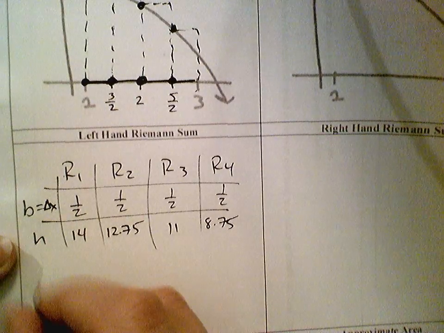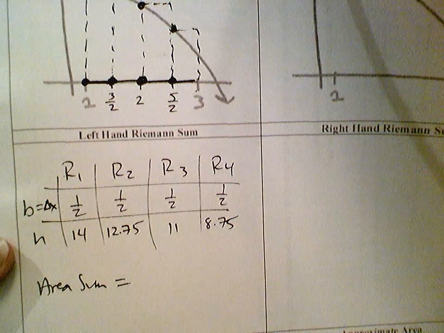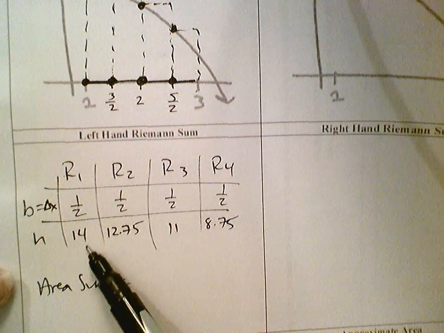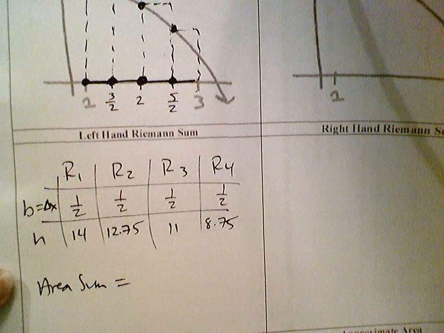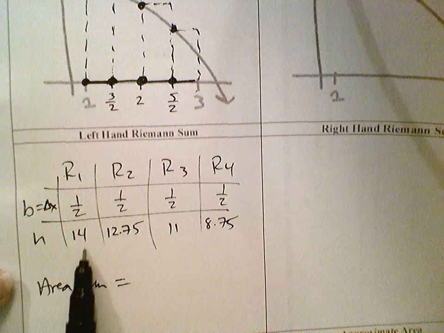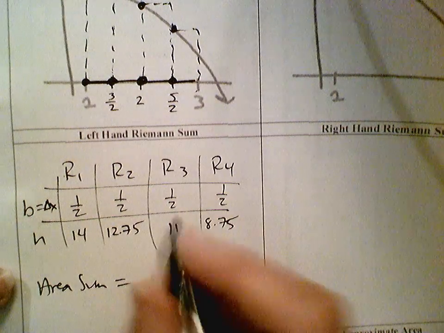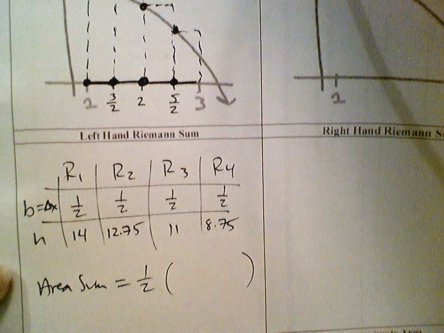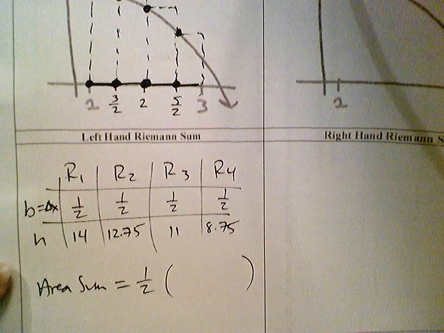Then the area sum is going to be equal. I'm going to show you a shortcut. You could do base times height, base times height, base times height, base times height, and add them all together. Or since you're multiplying each height by a half, you could just use the distributive property, factor out the 1/2, and then inside you will just have the sum of all the heights.